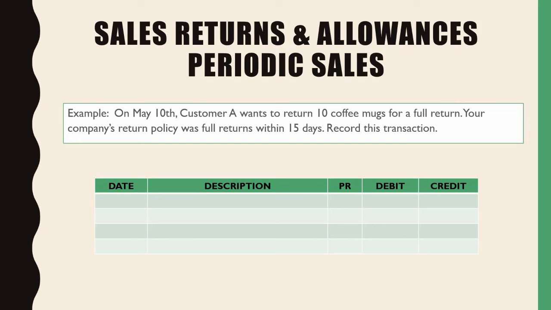Now, how do we record this? We need to calculate the amount that we're going to return back. Here, I'm going to be introducing a contra account called sales returns and allowance. We must use a contra account for this one because all sales are actually final.